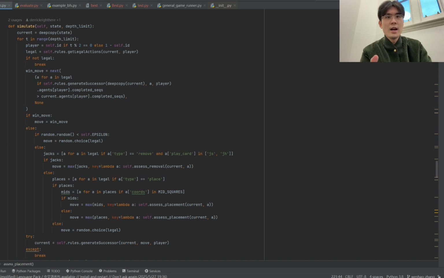If we don't pick the random move, we will go to the next one, which is the greedy strategy. The greedy strategy tries to knock out the opponent and uses the strong card jack, and after that we will grab center squares if we can.